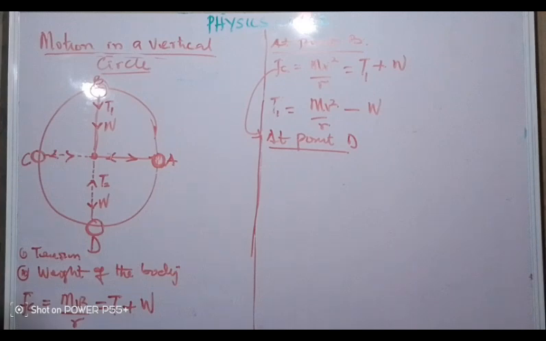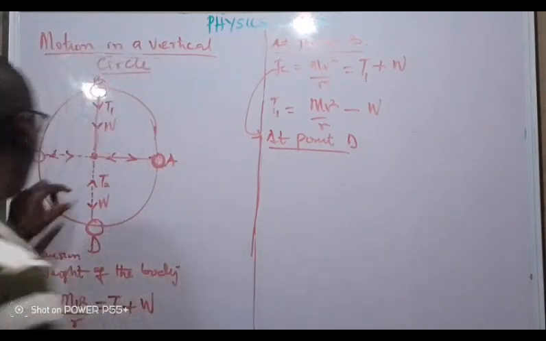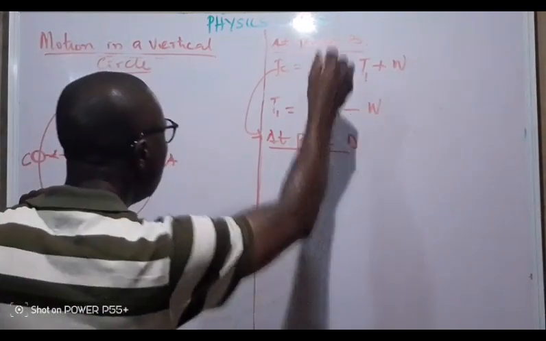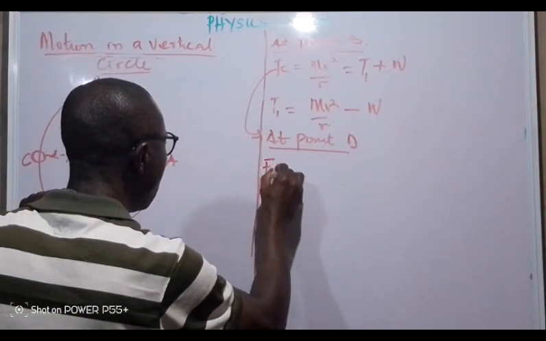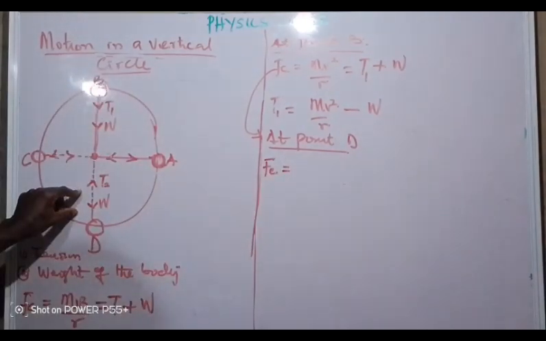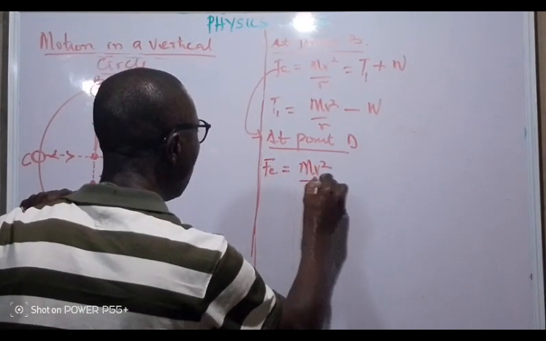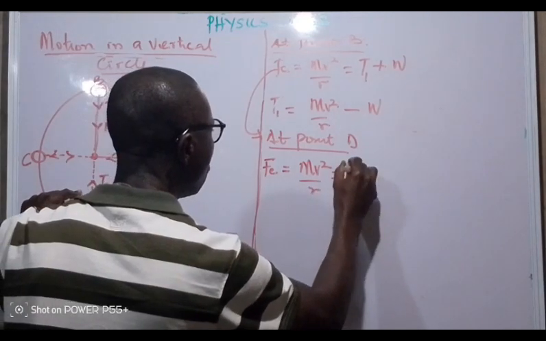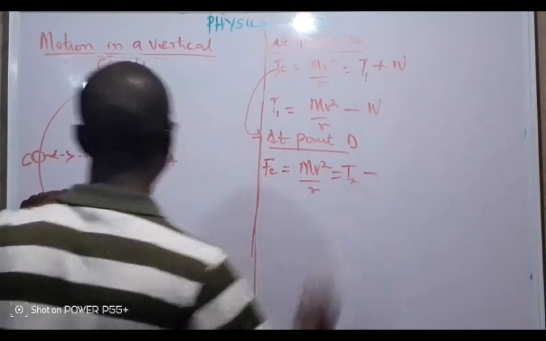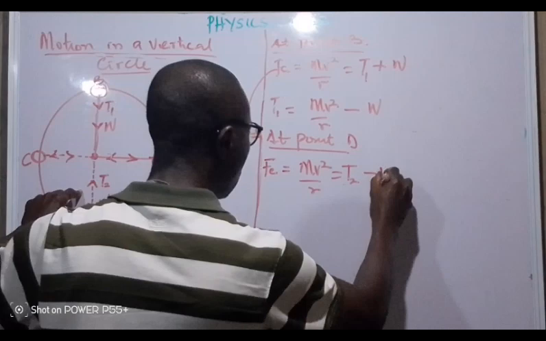Therefore, according to the formula, the centripetal force at point D will be equal to mv square over r, which is equal to T2 minus W. Why is it minus?